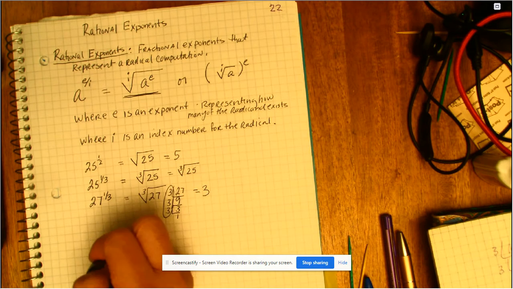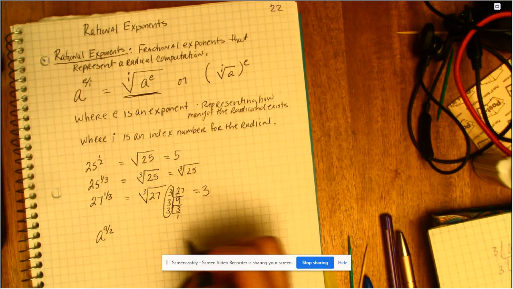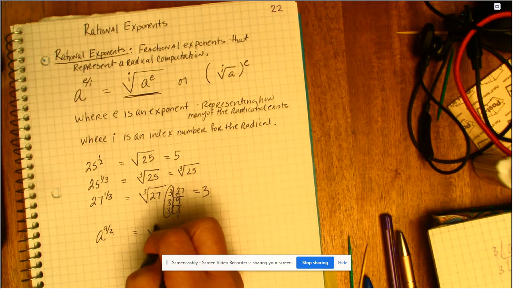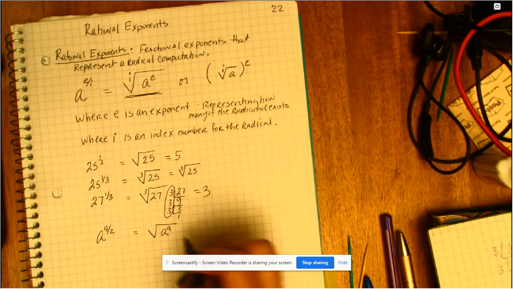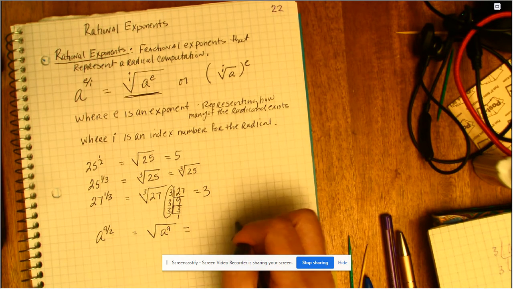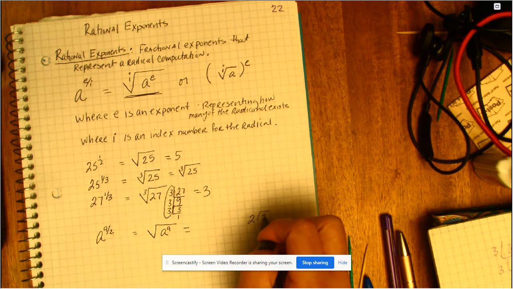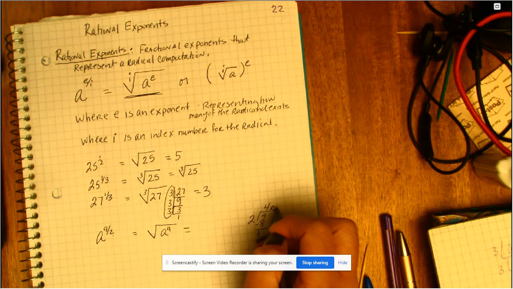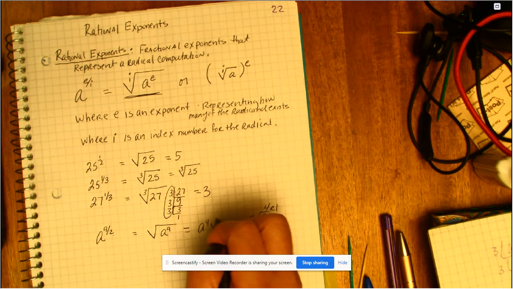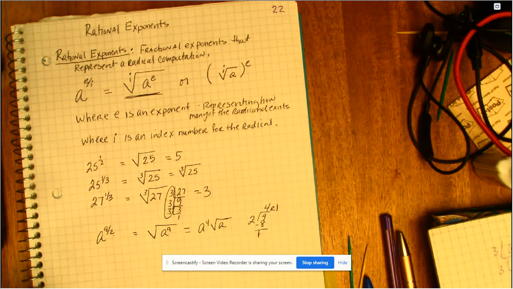What about something like a to the 9/2? That's the square root of a to the 9th. If I did our division, 2 goes into 9 4 times, leaving a remainder of 1. So that would be like having a to the 4th times the square root of a.